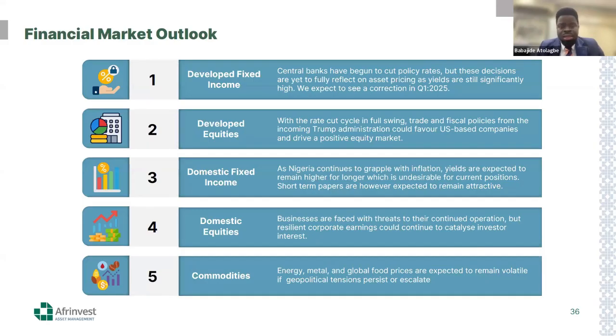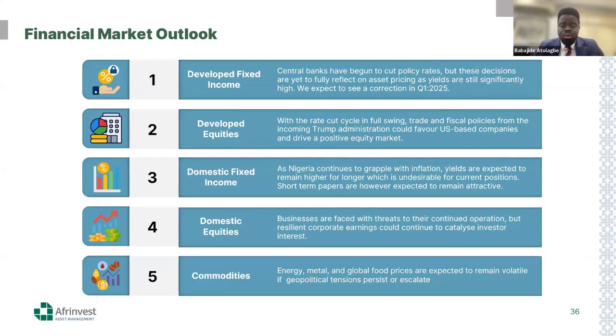Going forward, we think that for both developed and domestic fixed income, the activities of the central bank will largely dominate how prices play out in that space. Meanwhile, for equities, there are some discussions around whether equities are overpriced or not, but the market still continues to deliver strong returns, and we don't expect that to stop in the coming years.